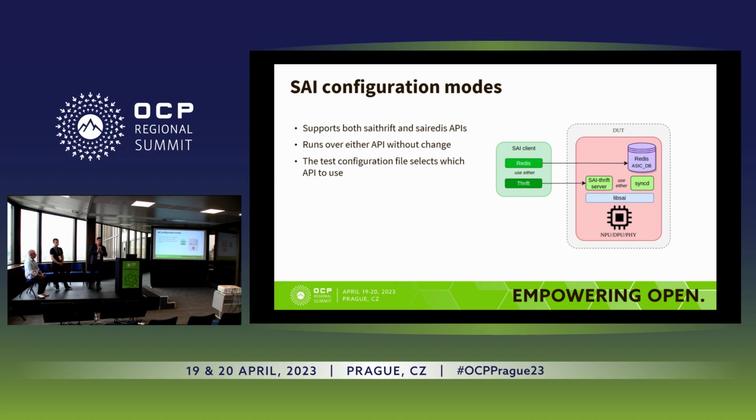In the case of the Thrift interface, you have a DUT, and you need to put a SAI Thrift server into that DUT. Then you can connect through the Thrift API and configure your device. In the case of the Redis API, you can use the syncd daemon from SONiC as a SAI driver. Then you run a Redis server on top of that, and you can connect the Redis way to configure your ASIC.